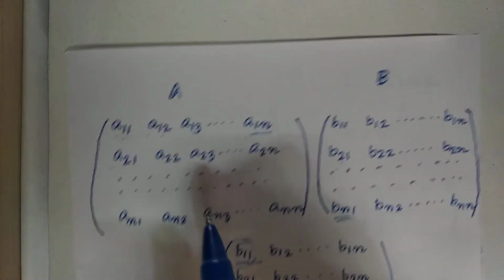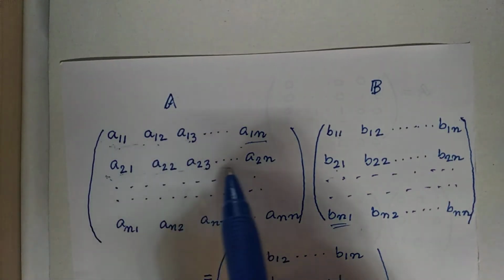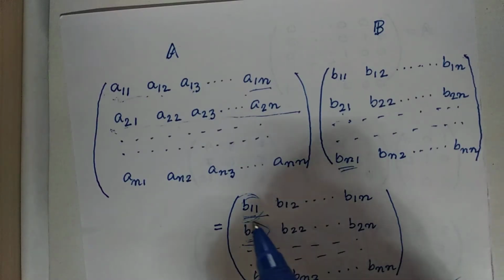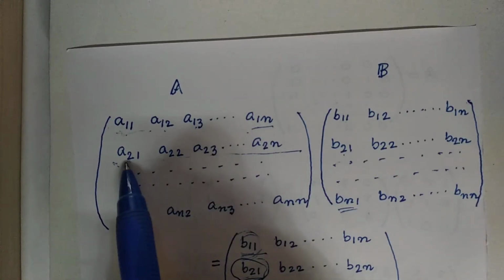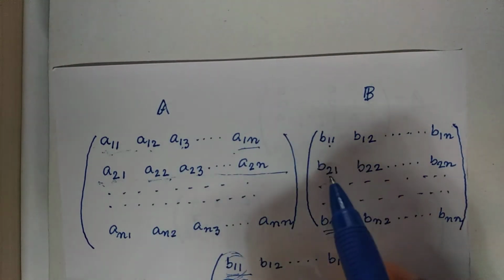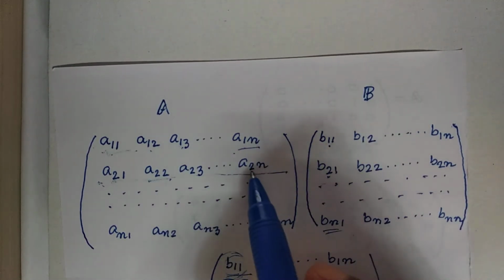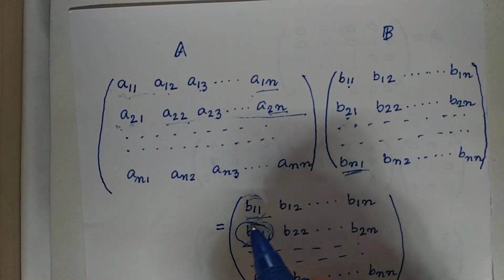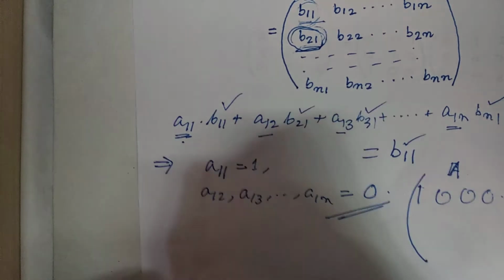Similarly, if we take the second row and first column, we should arrive at this position: A21 multiplied by B11 plus A22 into B21 up to A2n into Bn1 should give B21. Let us write down.